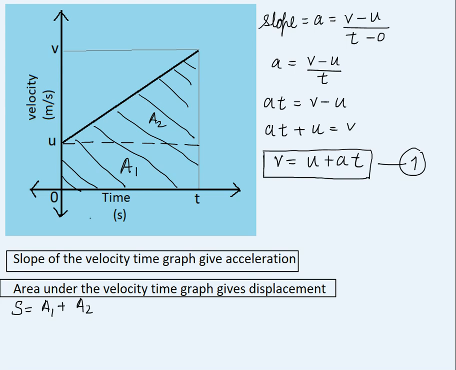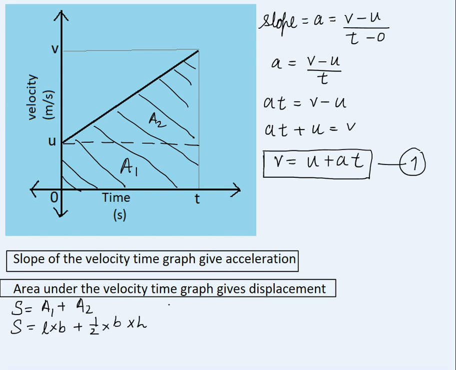You can see that area 1, the figure that is formed, is a rectangle. So the area of a rectangle is length into breadth, and the area of the second figure, which is a triangle, is half into base into height.